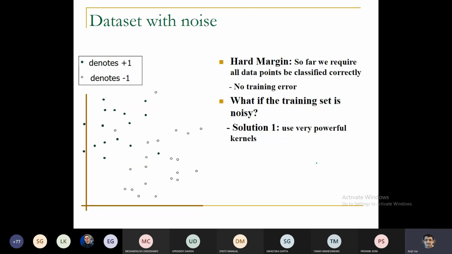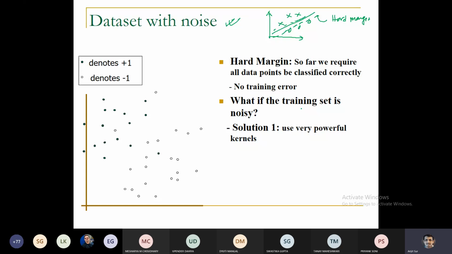Now we extend this idea to a data set with noise. So far, what we have discussed is called the hard margin. The hard margin classifier assumes that the training sample is noise free.